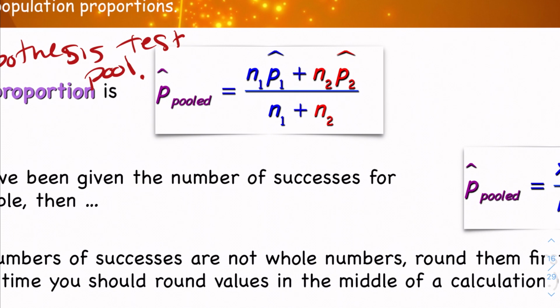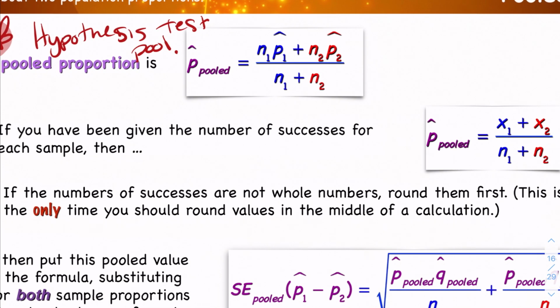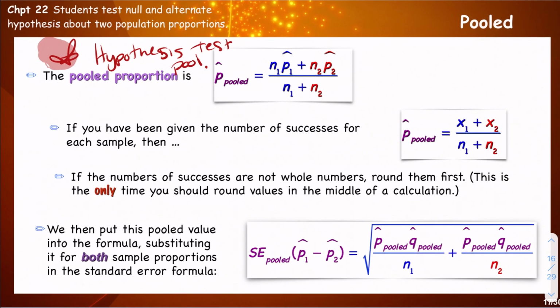So n1p1 plus n2p2 over n1 plus n2. If you've been given the number of successes for each sample, then it's just x1 plus x2 over n1 plus n2. If the number of successes are not a whole number, round them first. This is the only time you should round your values in the middle of a calculation, when we are pooling.